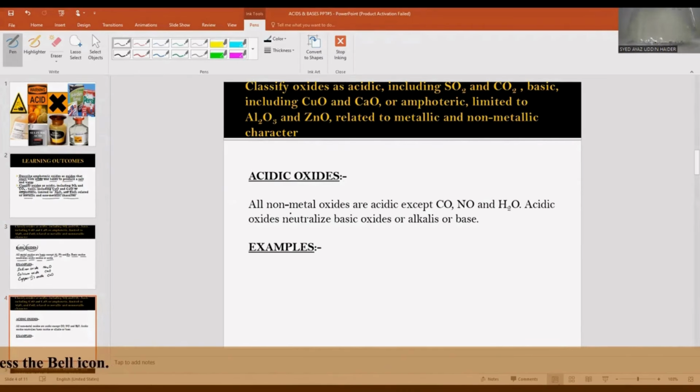Acidic oxides. All non-metal oxides are acidic except CO, NO, and H2O. CO is carbon monoxide.